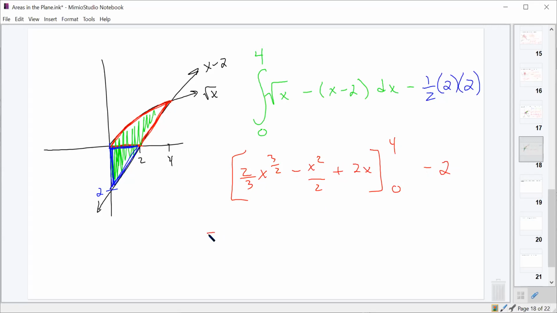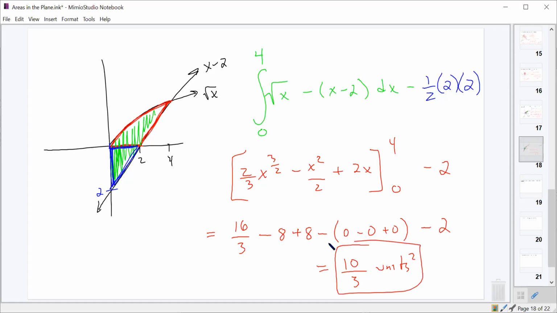That's 16/3, minus 8 plus 8, minus a bunch of zeros, minus 2. We got 16/3 minus 2, which is once again 10/3 units squared. Everybody good with that?